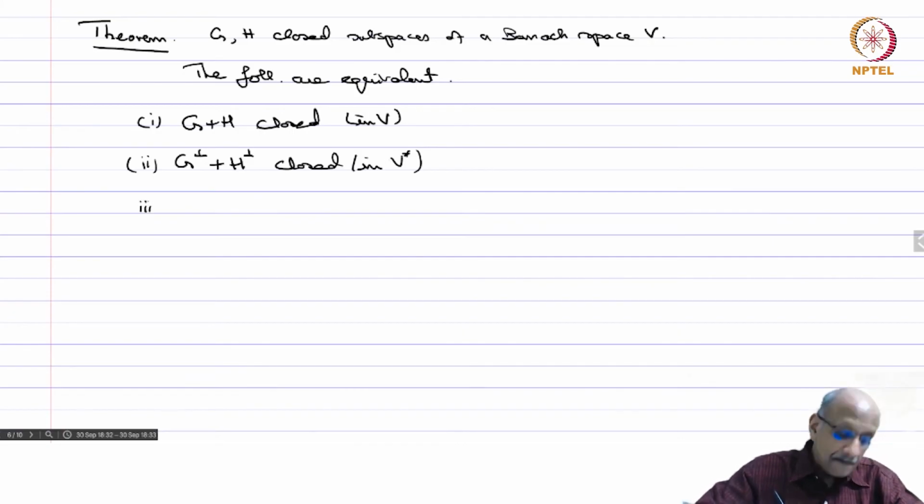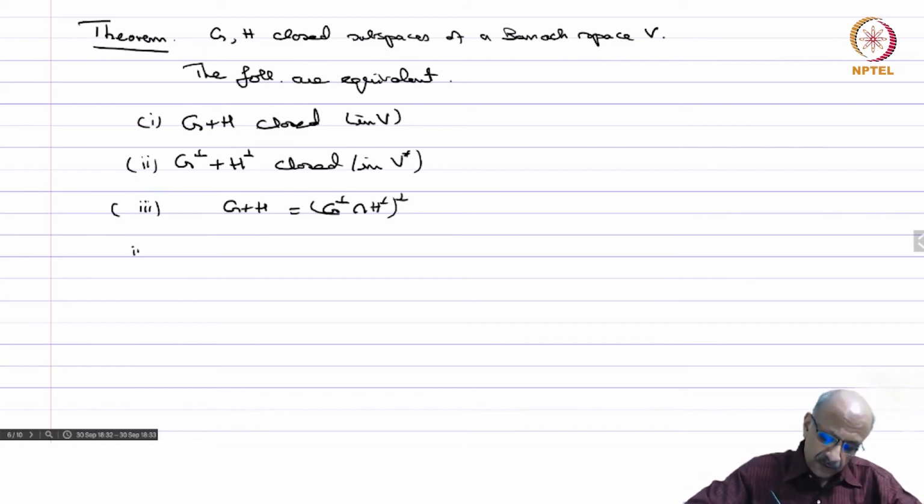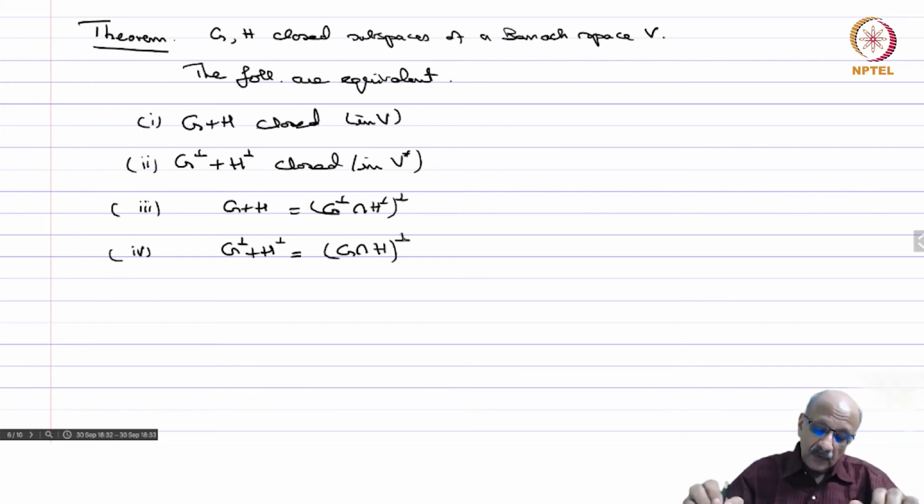Three, G plus H equals (G perp intersection H perp) perp, and four, G perp plus H perp equals (G intersection H) perp. So these four are equivalent.